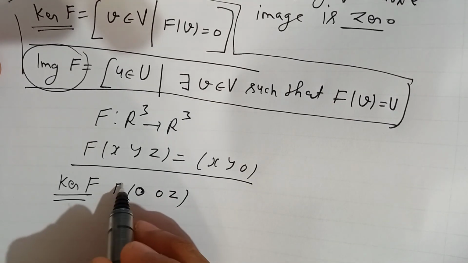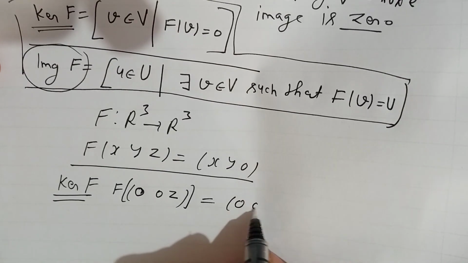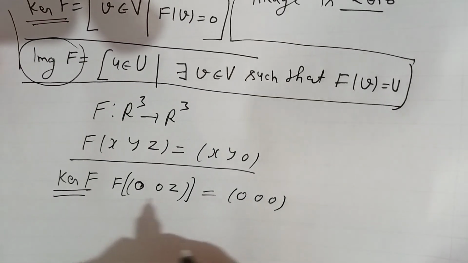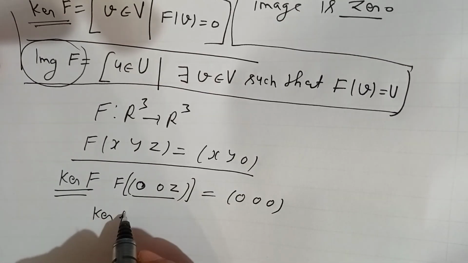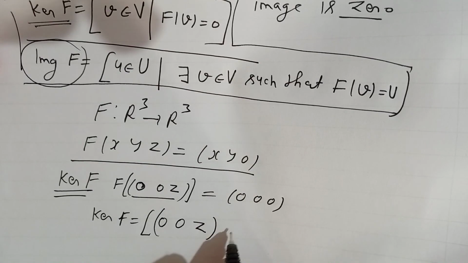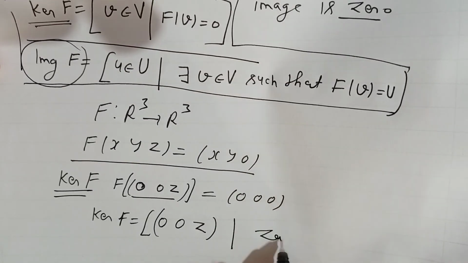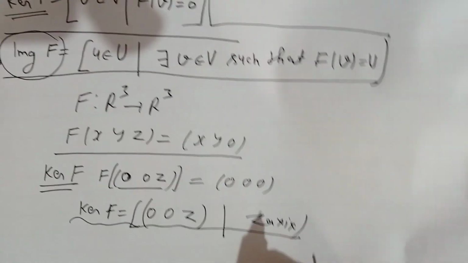So what is the image? f of (0, 0, z) will be (0, 0, 0). So the kernel of f is the z axis.